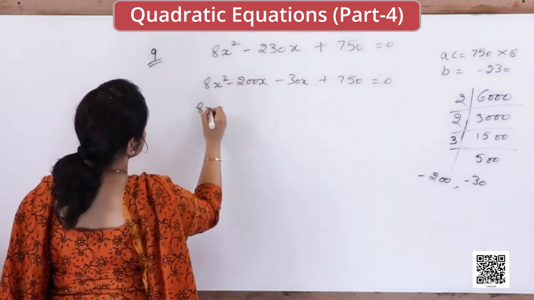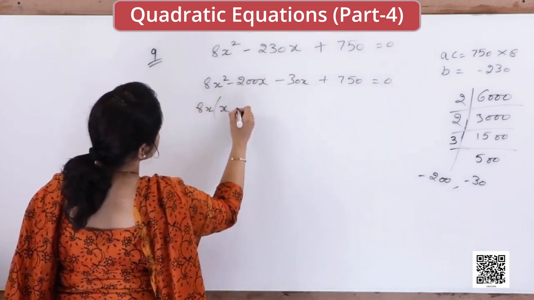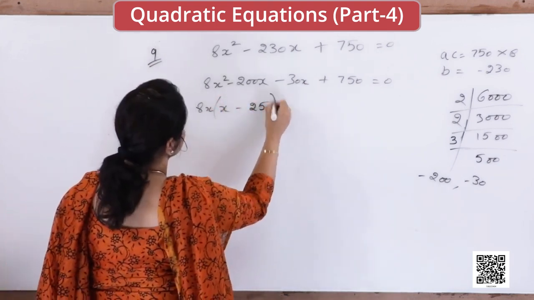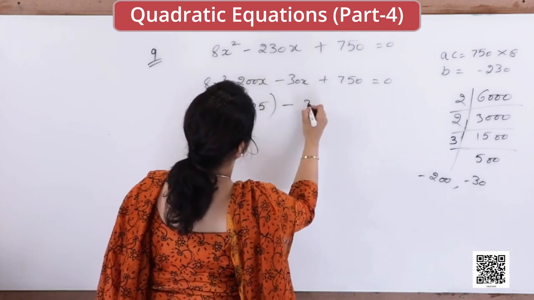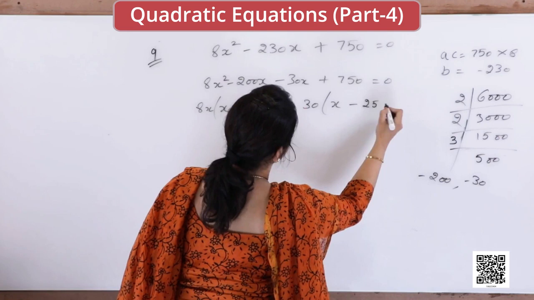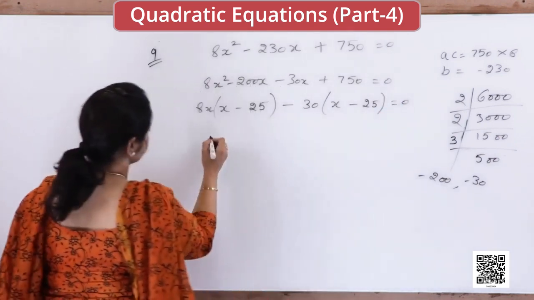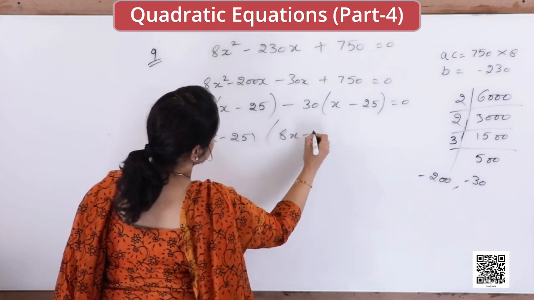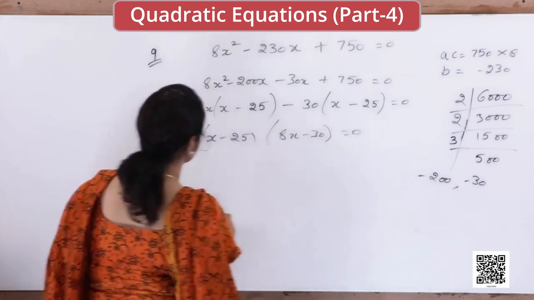Now here 8X can be brought as common. So X minus 25, and if we take 30 common, here we will have X minus 25 equals to 0. X minus 25 multiplied by 8X minus 30 equals to 0.